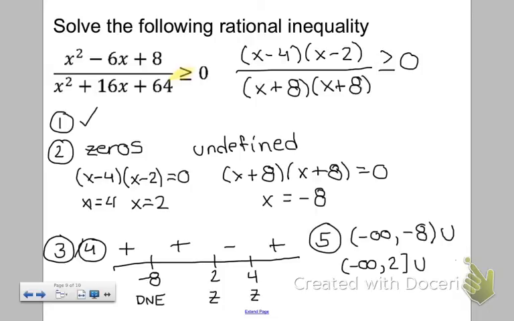Then I pick up at 4. 4 also gets a bracket because it's a 0, and then I'm going to go all the way to infinity. And infinity always gets a parenthesis. So that's our interval, -infinity to -8, union -8 to 2, union 4 to infinity, where 2 and 4 get brackets.